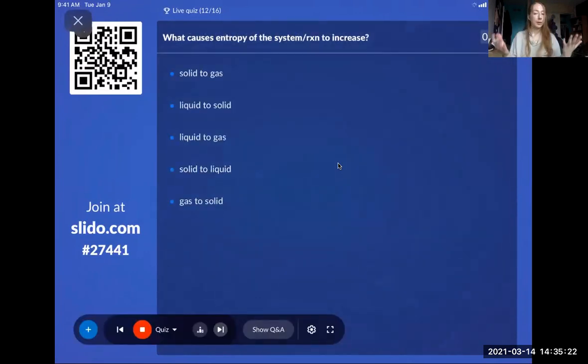Okay, so this is thermo now. We're looking at what causes entropy of the system or a reaction to increase. When something's going from a solid to a gas, when something's going from a liquid to a solid, and so on.